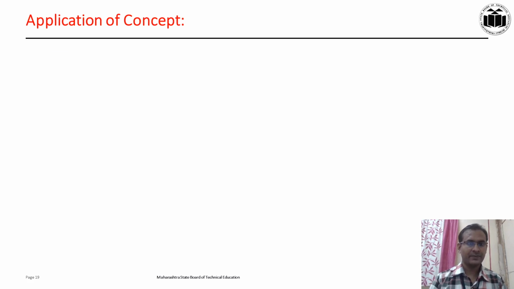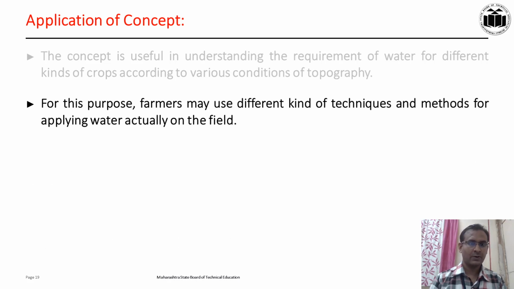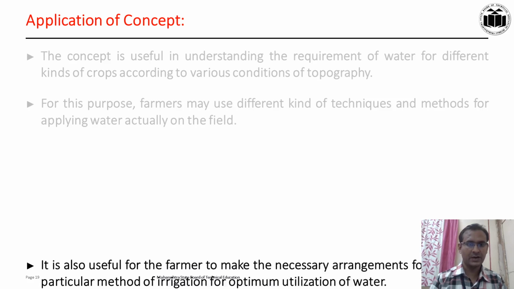Now let us see the application of the concept that we learned. The concept is useful in understanding the requirement of water for different kinds of crops according to various conditions of topography. For this purpose, farmers may use different kinds of techniques and methods for applying water on the field.